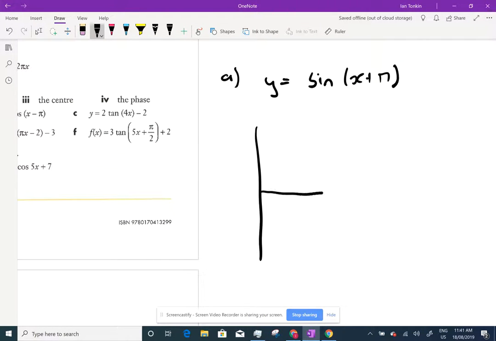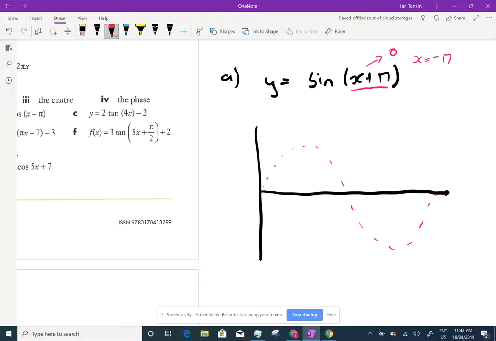Well, I'm just going to dot the sine curve. There it is. But we've shifted this horizontally. Now, how do you know how far you've moved it? Well, you've got to put whatever is inside the bracket equal to 0. For that to equal 0, x has to equal minus pi. So this is moved to the left by pi.